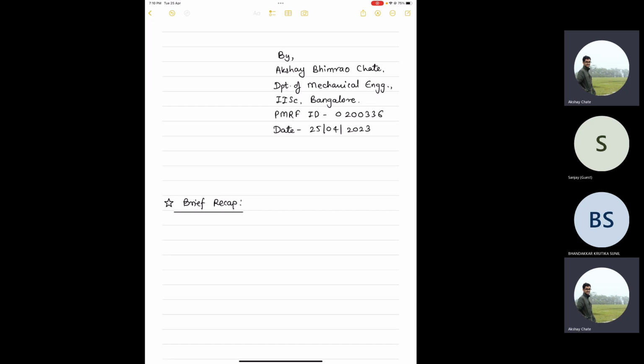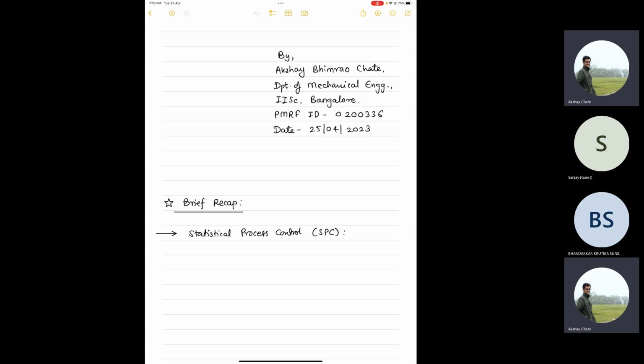So first of all, statistical process control, the short form we will use is SPC. What is the objective of this process? As the name suggests, it is a statistical method.